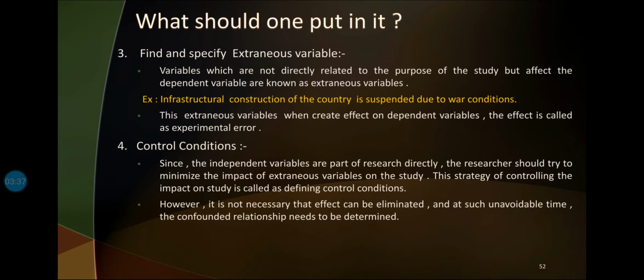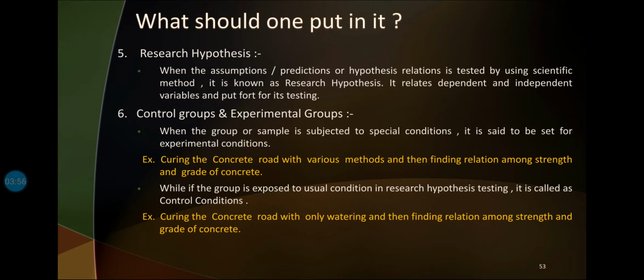Then we discussed the extraneous variable, the variables which create an impact on the study. However, they are not directly related to the research. Control conditions, it is the development parameter in which you want to conduct your research work. Research hypothesis, we have already discussed, it is the assumptions related to the probable outcomes that may come.